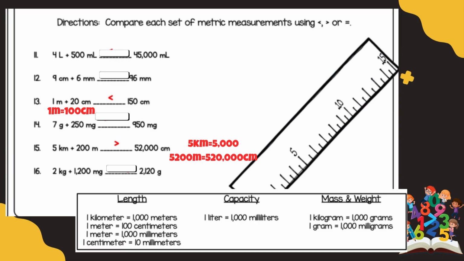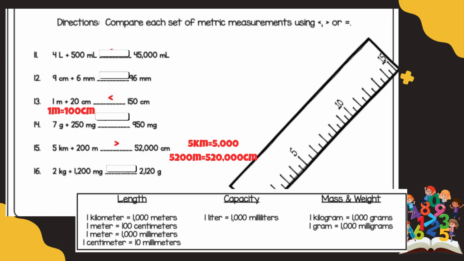Number 15, 5 kilometers equals 5,000 meters. 5,000 meters plus 200 meters equals 5,200 meters. Then I need to change 5,200 meters to centimeters.